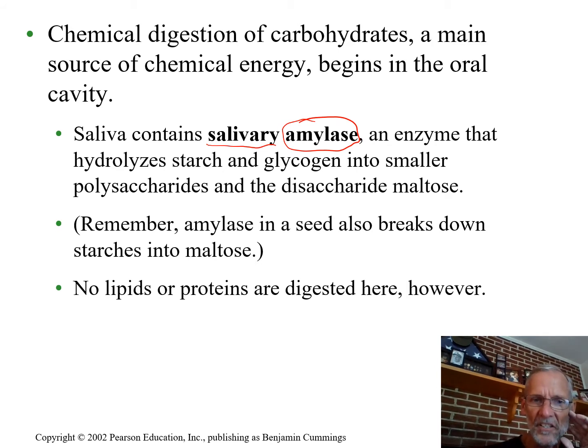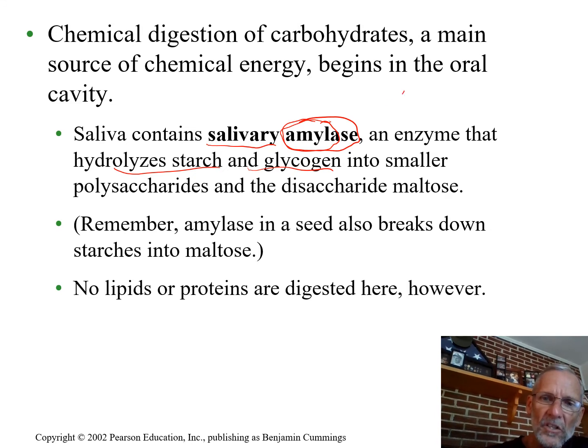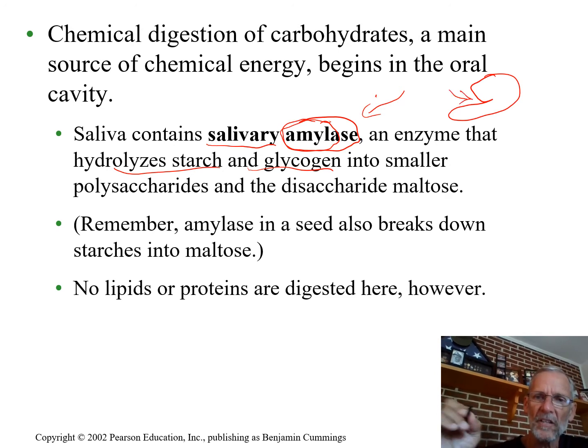And this, as its name suggests, helps break down that starch we call amylose, a plant starch, which is in a lot of our diets to a good degree, right? So that starts in the mouth. This starts to break down both animal starch and plant starch that might be in your lunch. And then the lipids and the proteins don't get digested with the help of it. Why? Because it's specific. Why is it specific? Because it's got a particular shape of that thing called its active site. And so we can again fold enzyme action into here very, very easily.